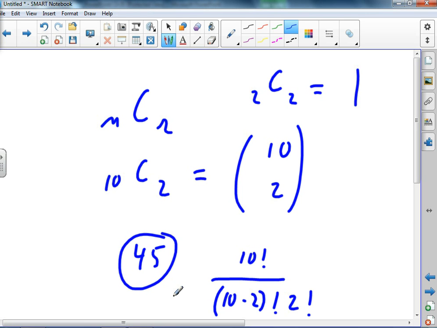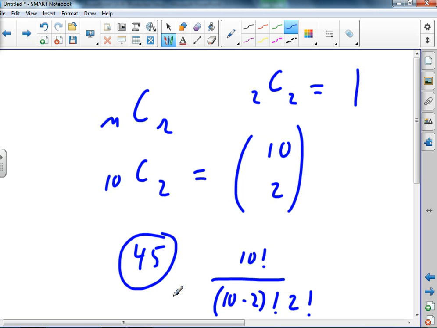You actually have that combination key on your calculator. And the graphing calculators all have that. And yeah, your calculator has that.